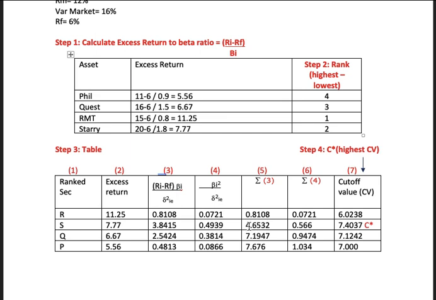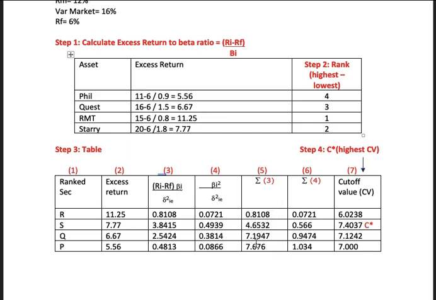So you will get 4.6532. And then 4.6532 plus 2.5424, you will get 7.1947. And then accumulation lagi, you add the last row, 7.1947 plus 0.4813. So here you will get 7.676.